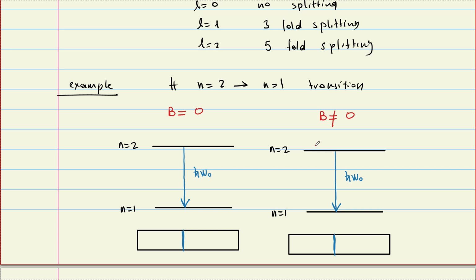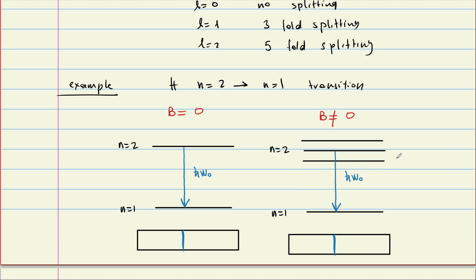And I know this L is going to split into 3 because for n equal to 2, L can be 1 or 0. And L equal to 1 can split into ML equal to plus 1 or ML equal to minus 1. So basically this one is going to be 1 and the other one is going to be like this.